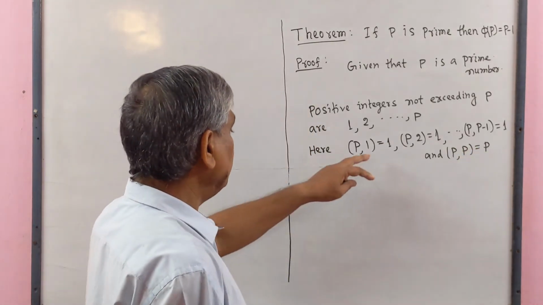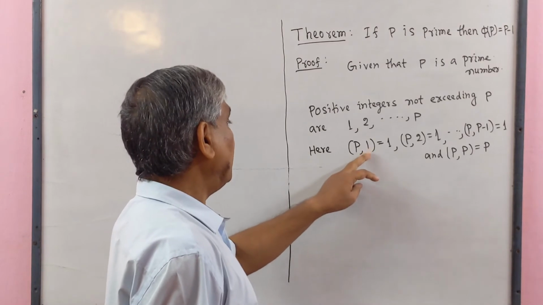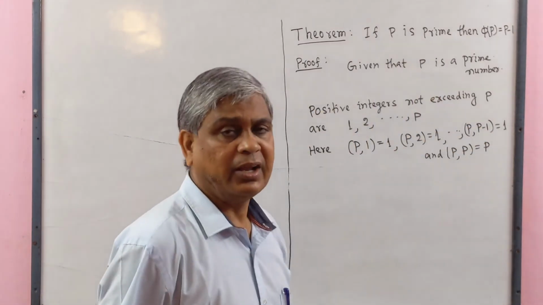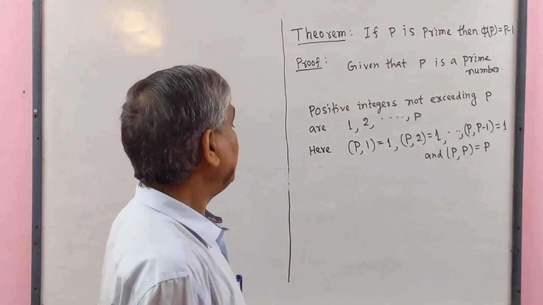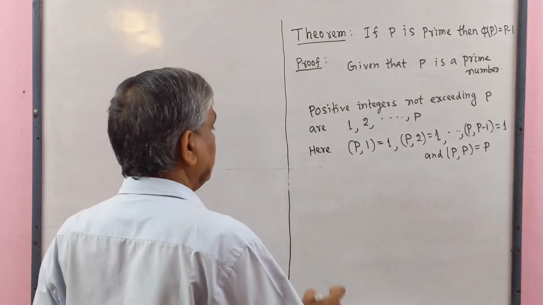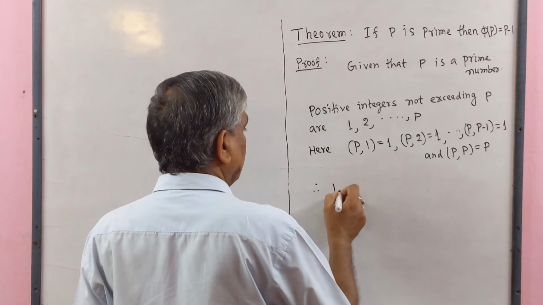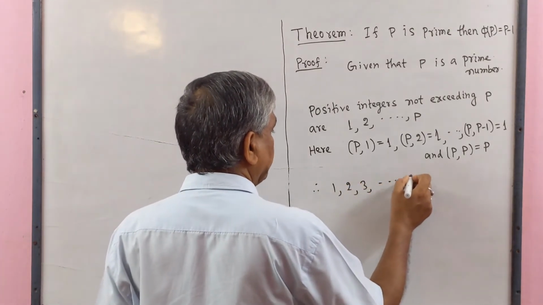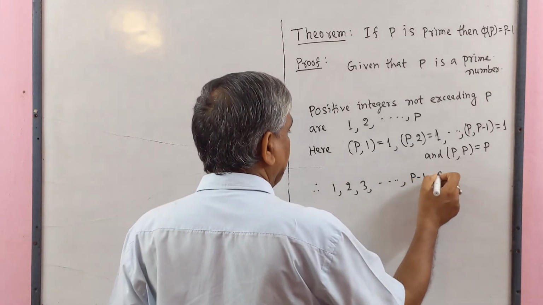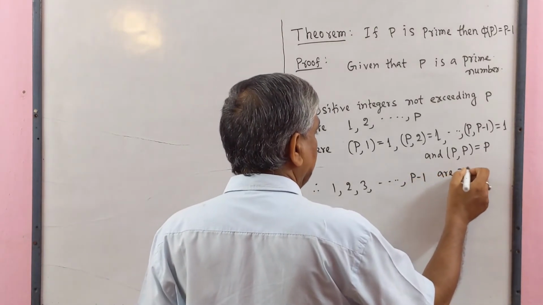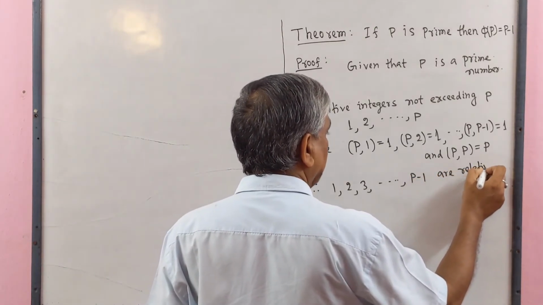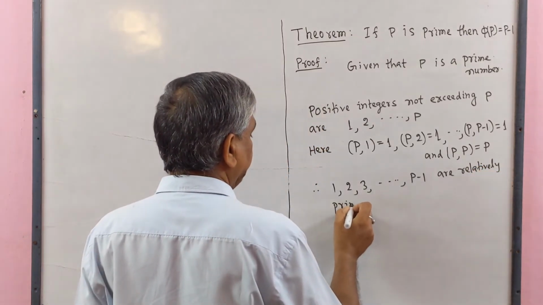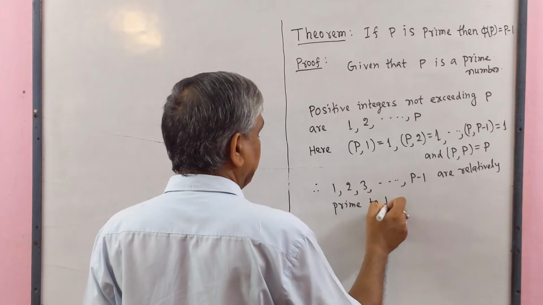Therefore, we get that 1, 2, 3, up to p minus 1 are relatively prime to p.